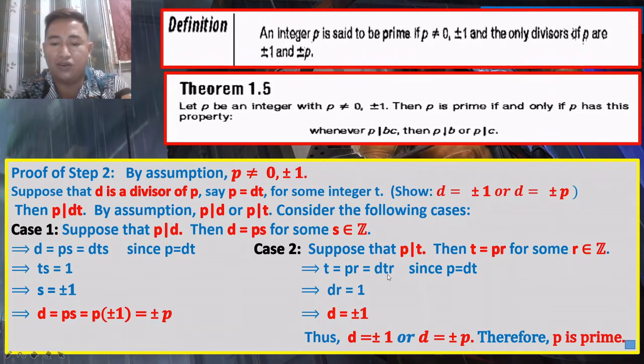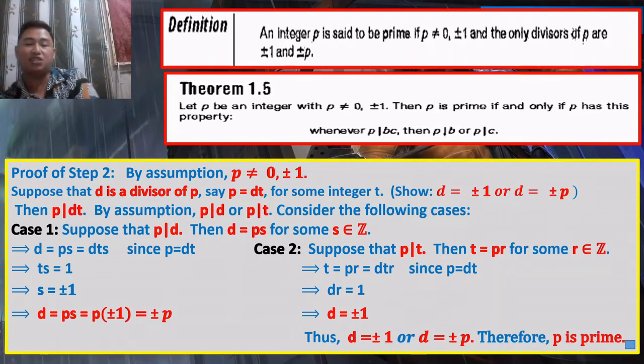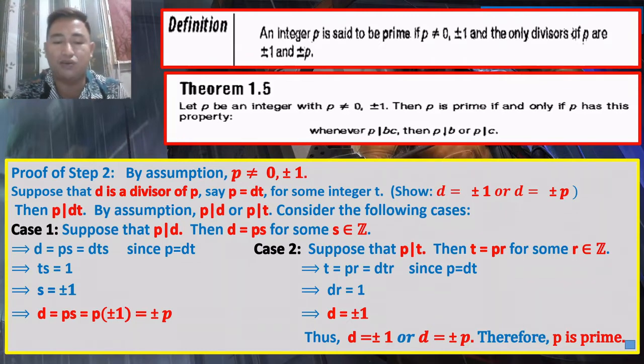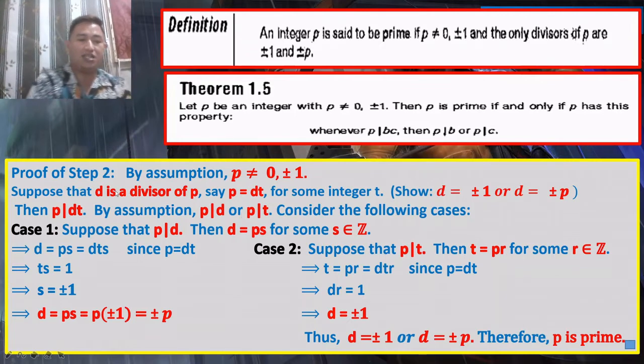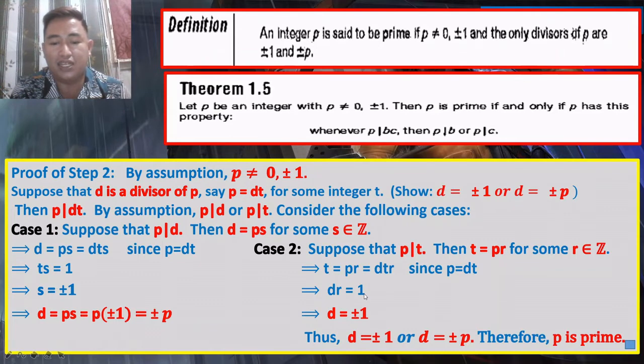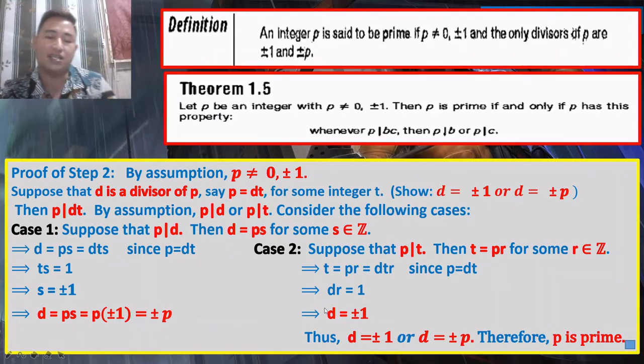So T is equal to DTR. Since multiplication is commutative, this equals TDR. So DR should be equal to 1. Since D is a divisor of P, it is an integer, and R is an integer, so D is an integer that divides 1. So D is equal to positive or negative 1.